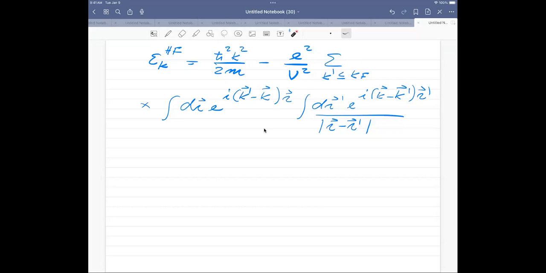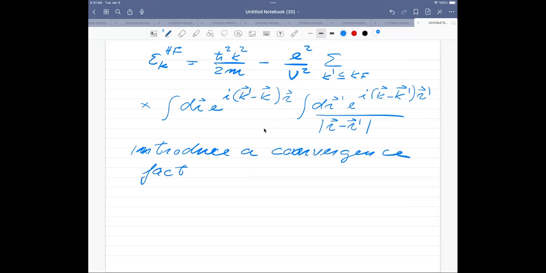So in order to solve this one, I'm going to introduce a convergence factor in the equations, and then we're going to get rid of it later by taking the limit where this parameter goes to 0.